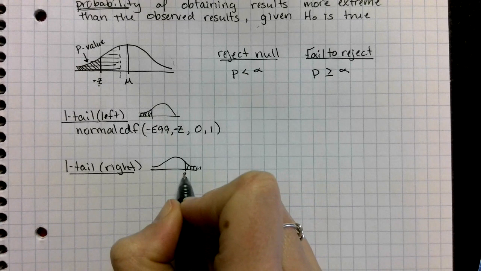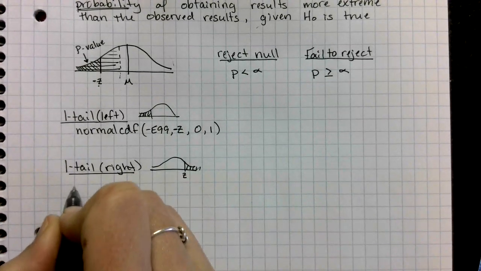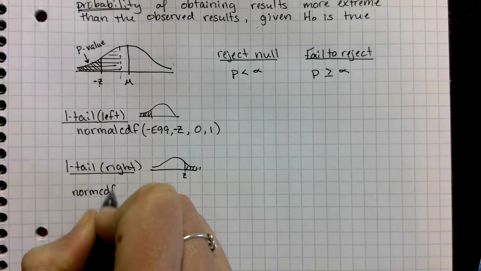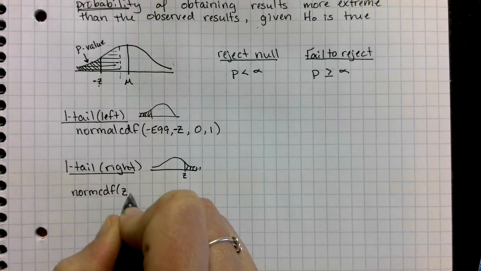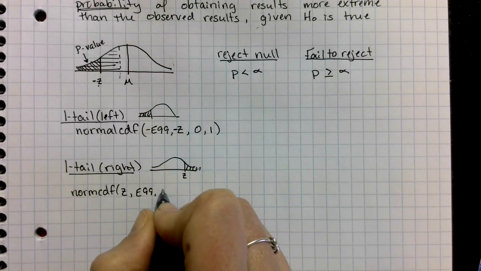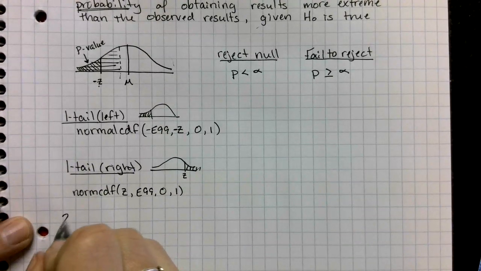So over here, we now have a positive z-score because we're above average. So this one's going to look like this. Normal CDF, we're starting with our z-score, going to positive infinity.